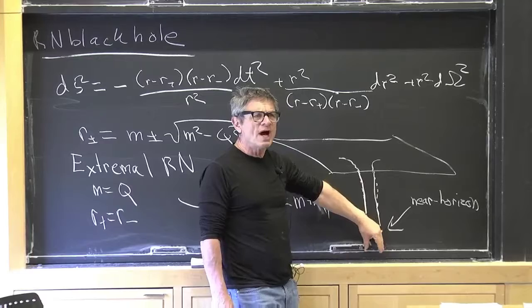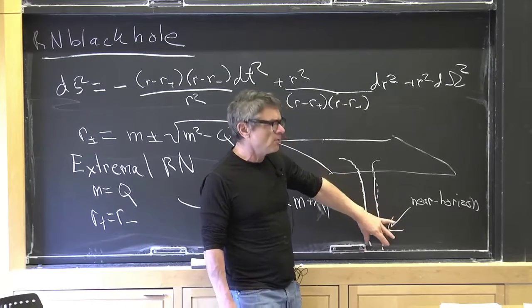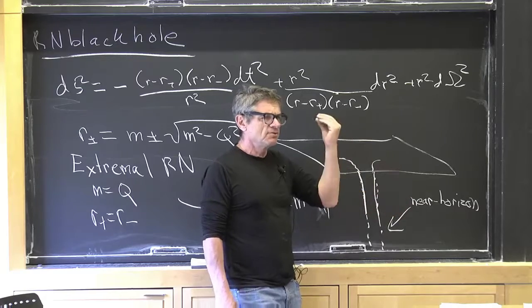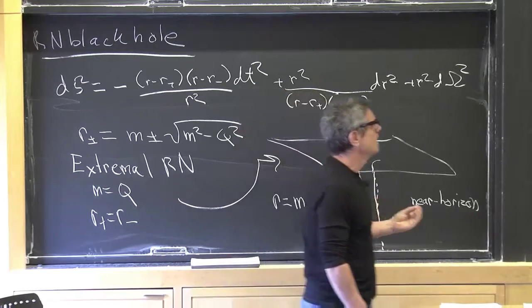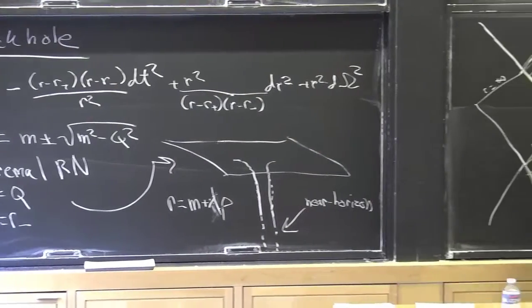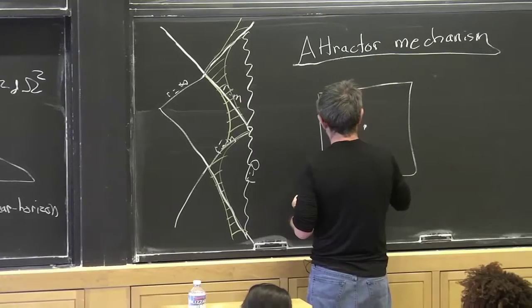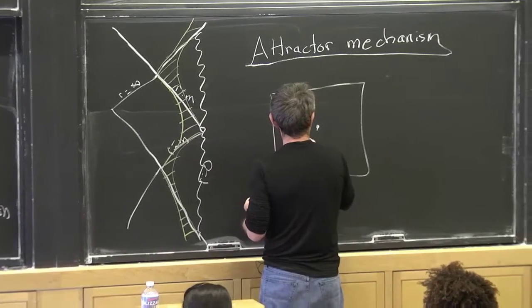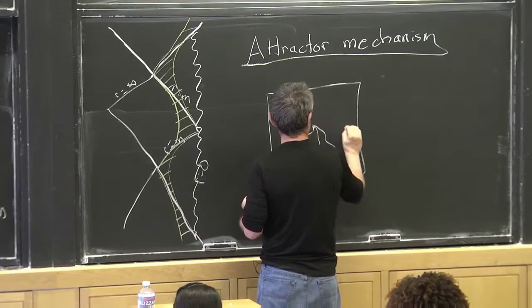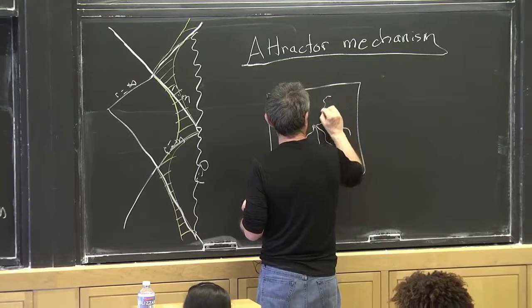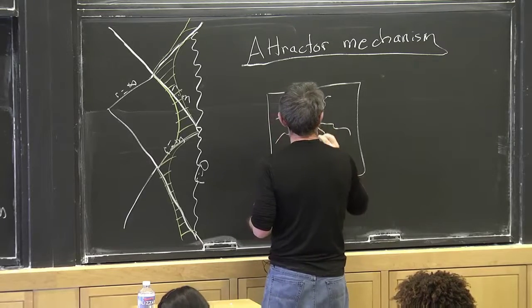So the near horizon region of the black hole is the surface of infinite redshift. And when you study renormalization group flows in condensed matter phenomena, you have fixed points like this.